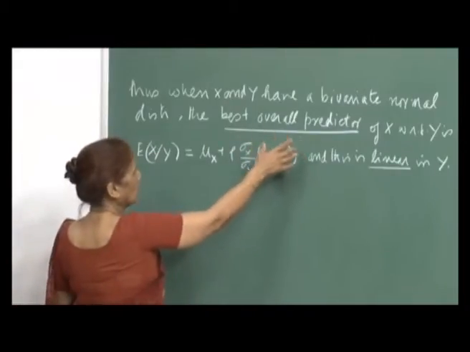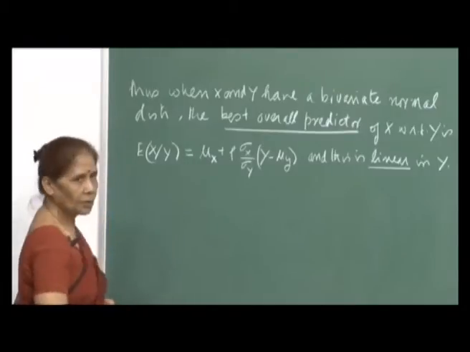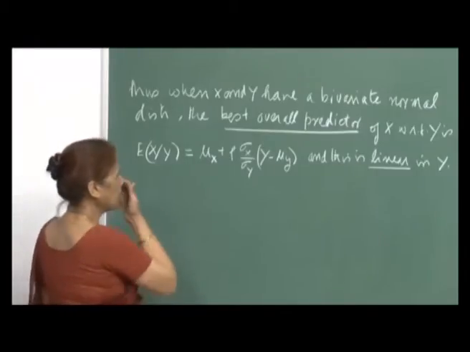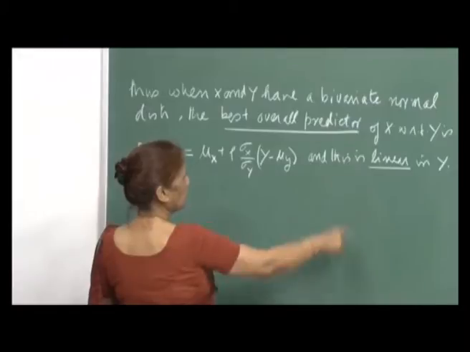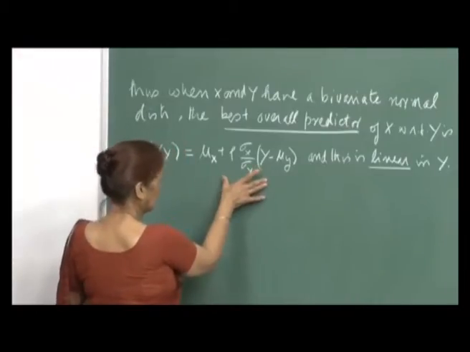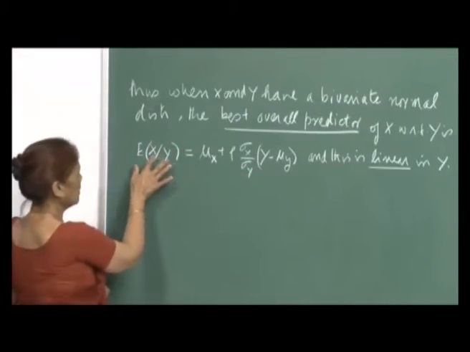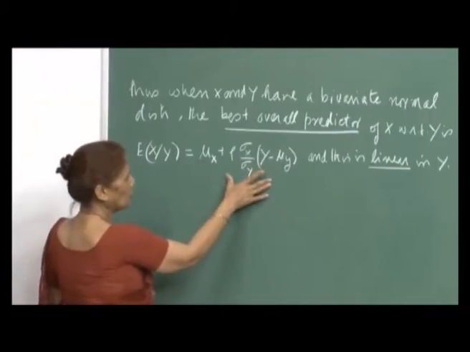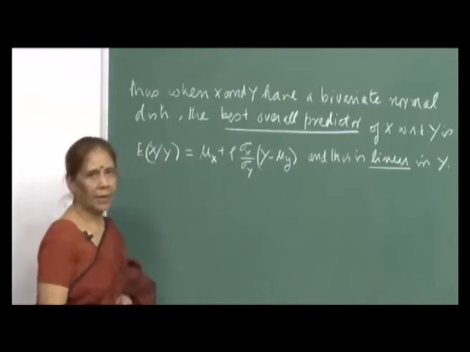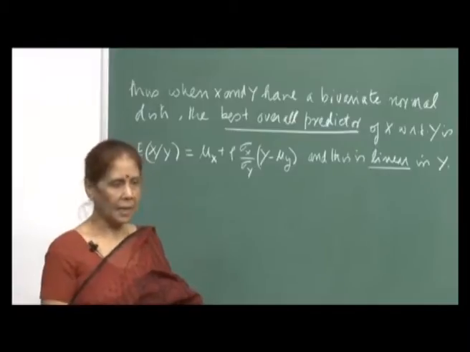So, that is all we can say: if x and y are bivariate normally distributed, the best overall predictor of x with respect to y is this conditional expectation of x given y, and it is linear in y.